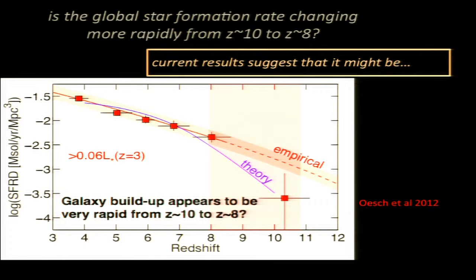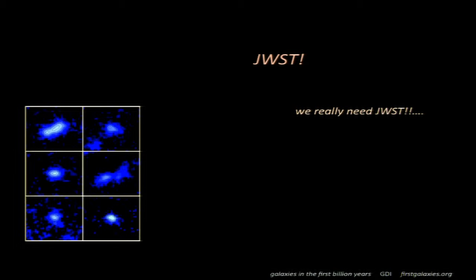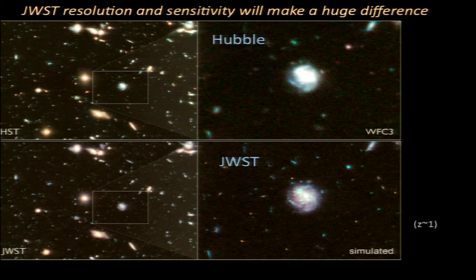And it's interesting because this is already, even with the limits in one object, even the limits would do. Suggesting a change in the trend here around redshift 10, maybe consistent with some of the expectations from theory, but it's nice to be trying to probe this, and it would be good to add a galaxy or two to this sample. Okay, so let me say a few words about JWST and then just a few about the surveys.